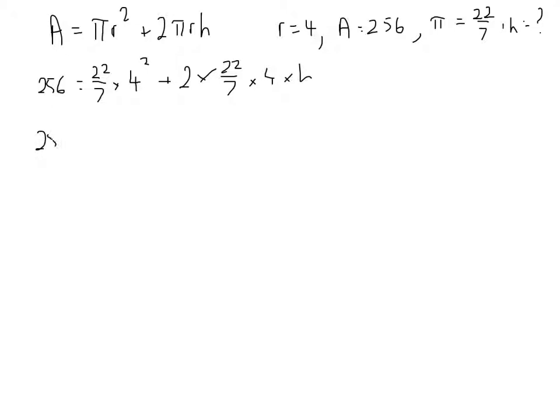So 256 is equal to 22 over 7 times 16 plus, I'm going to just multiply them together for a minute. 2 times 4 is 8, so this will be 22 over 7 times 8 times h. Now we need to do some calculations here, I think.